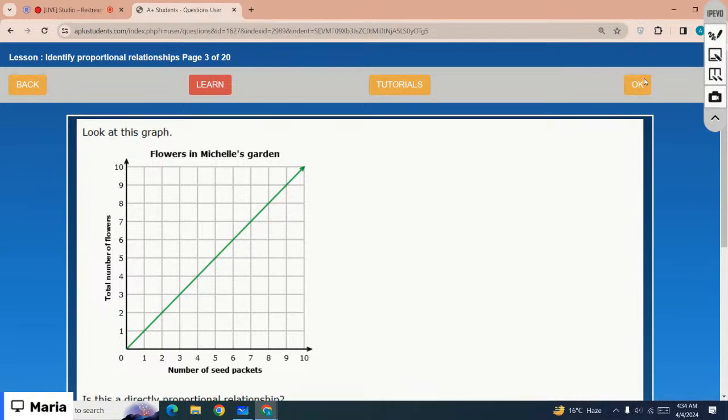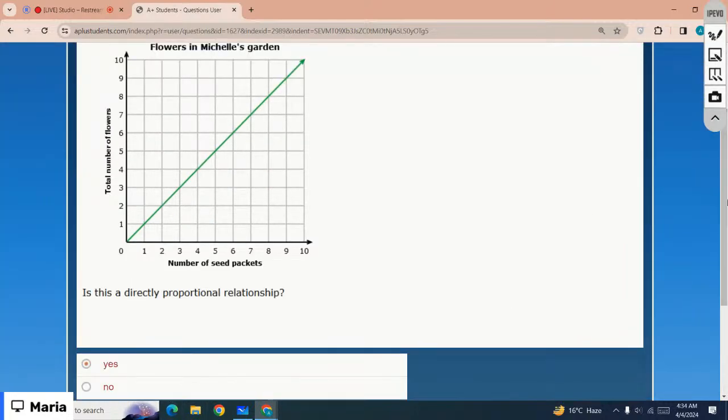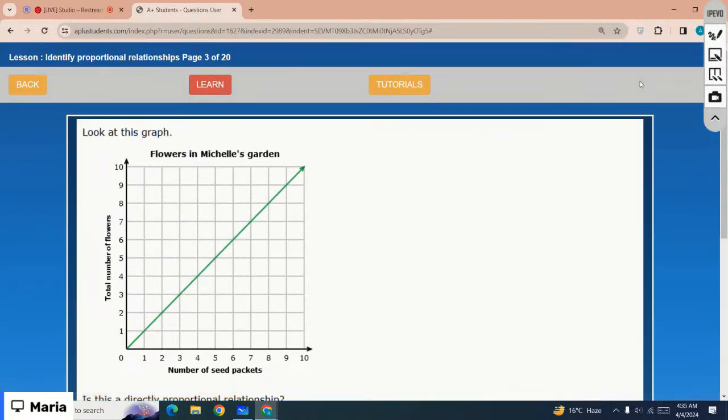Yes, it is directly proportional. The correct option is yes, it is. Look at this graph. Is there a directly proportional relationship?